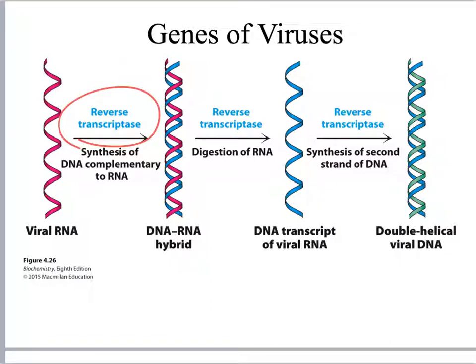Reverse transcriptase takes this RNA from the virus and we make this DNA-RNA hybrid here, ending up with DNA that's present. That resulting DNA, after the reverse transcriptase process, is then incorporated into the chromosomal DNA of the host. And it starts to replicate along with the normal DNA. And so the virus is able to take over that way.